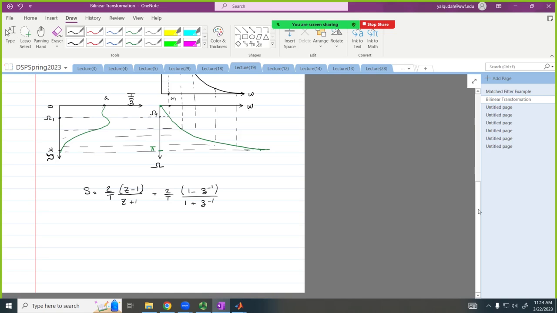Okay, now I'm interested in S along the j omega axis. So S is equal to j omega.